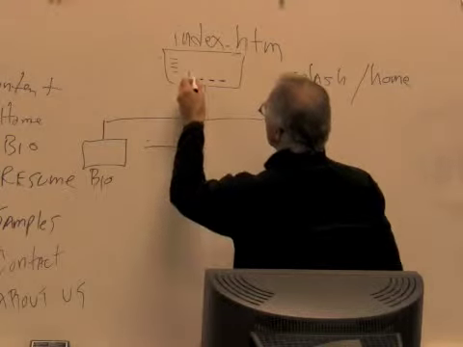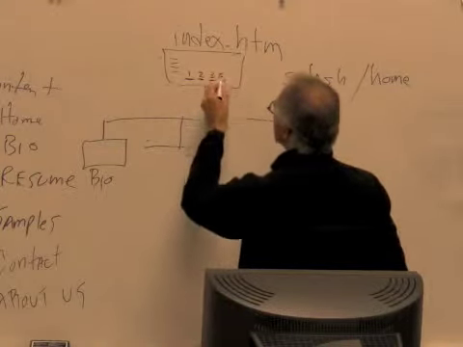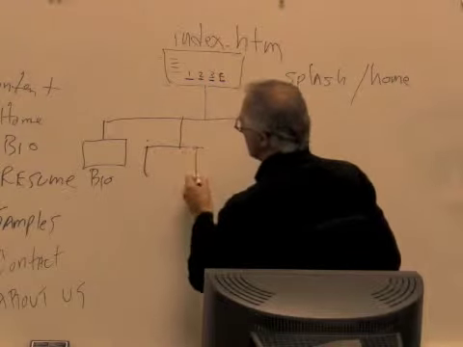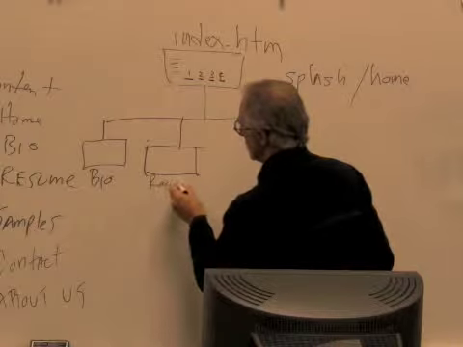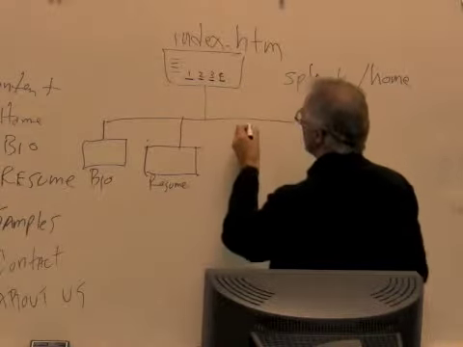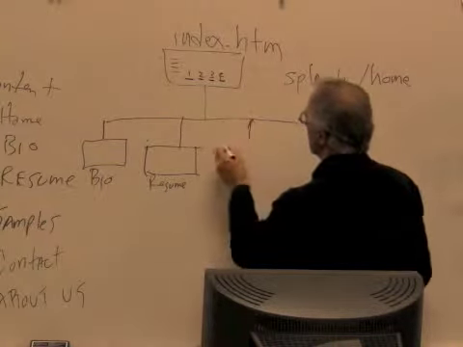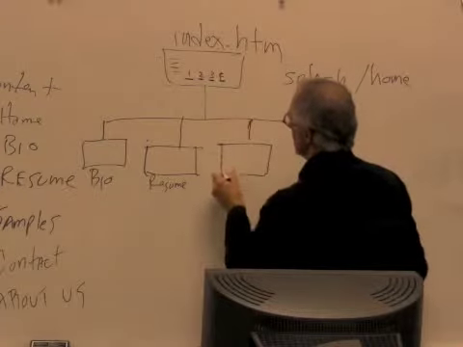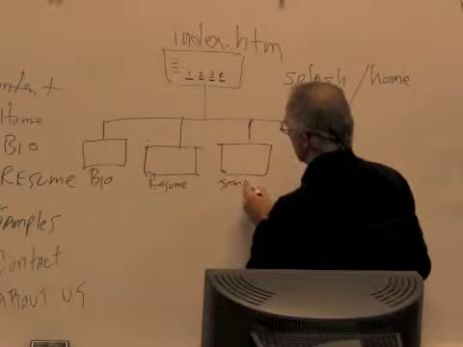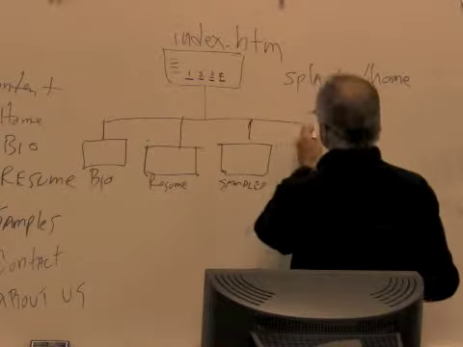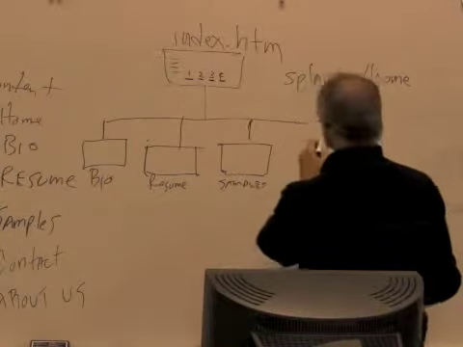So this would be 1, 2, 3, 4 pages. This would be the resume page. This one could be the samples page. And this one could be the contact page.